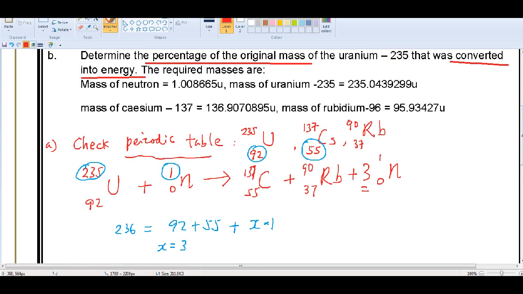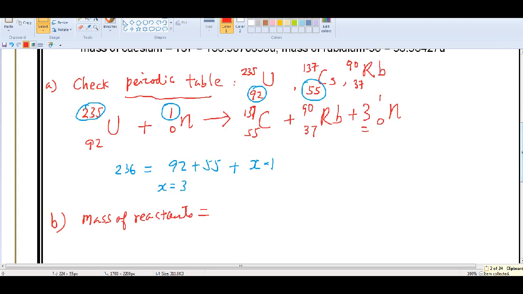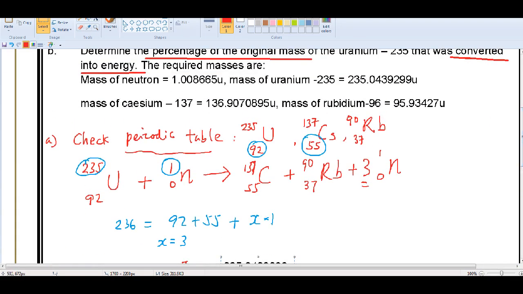Mass of uranium is this number, right? Let me just copy this, it's easier for me, not too many digits. Mass of neutron, just like this.